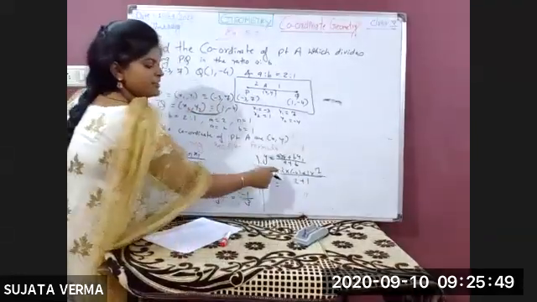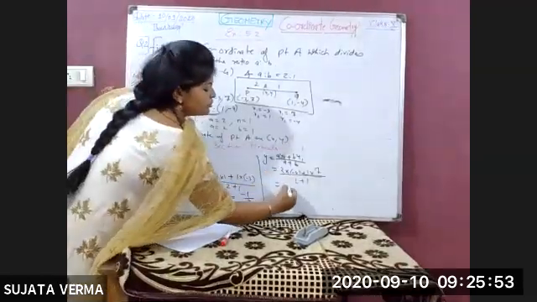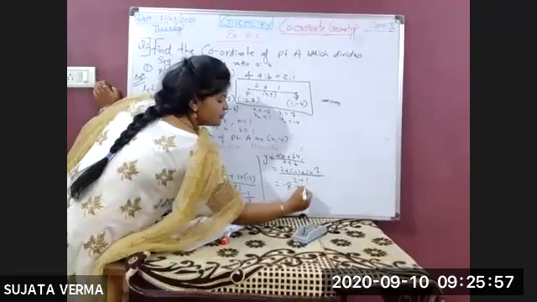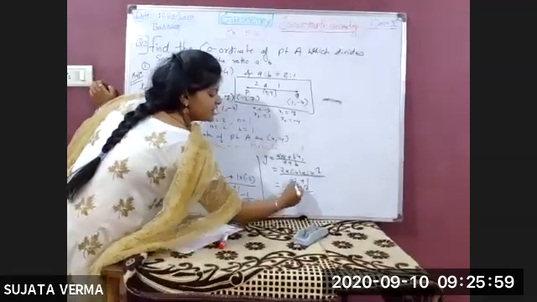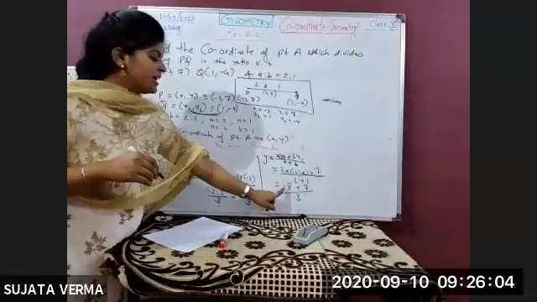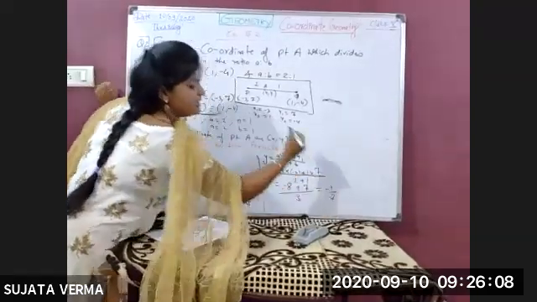Okay, now solve it. 2 fours are 8, but 2 into minus 4 is equal to minus 8, plus 2 sevens are 7... no, 1 seven is 7, divided by 2 plus 1, that is equal to 3. Then again subtract: minus 8 plus 7 is equal to minus 1 by 3.